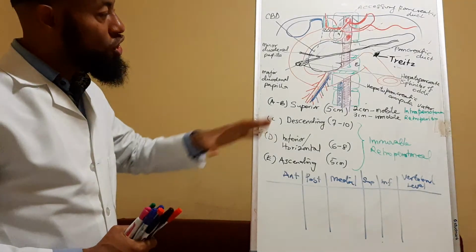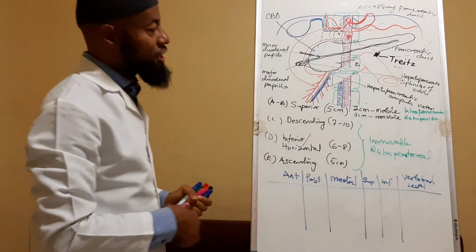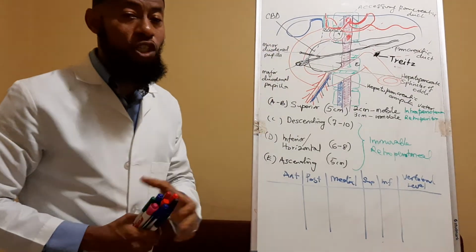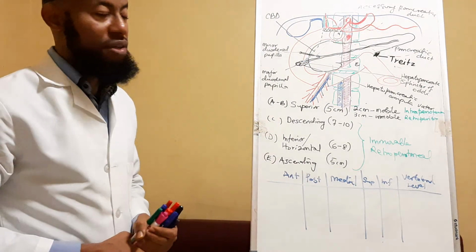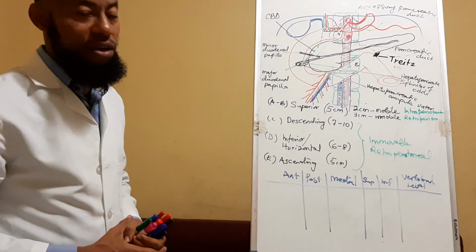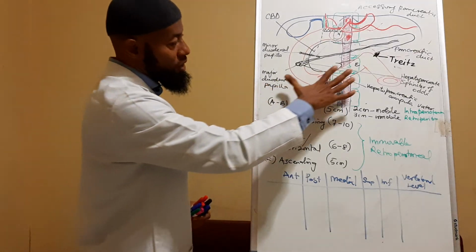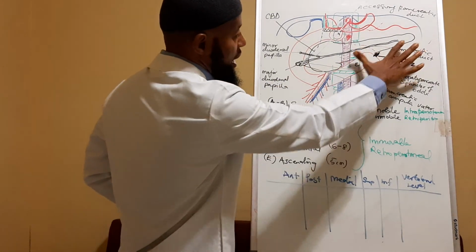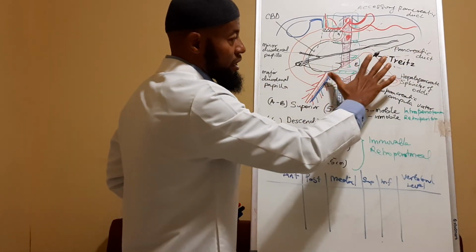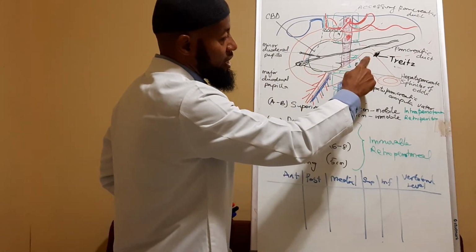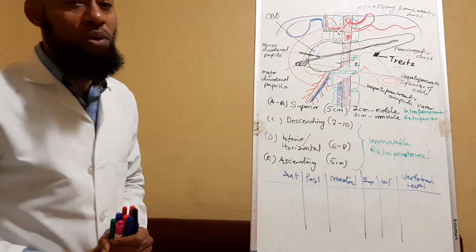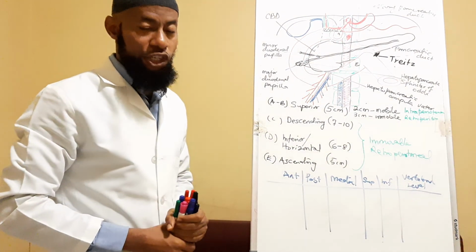Similarly, you should know the relationship of the C shape of the duodenum and the head of the pancreas. Okay? Now, these structures here are important for you to note. They're very important for you to know. This flexure here is called the duodenojejunal flexure.